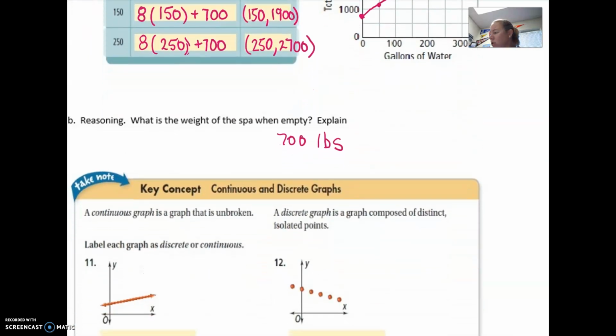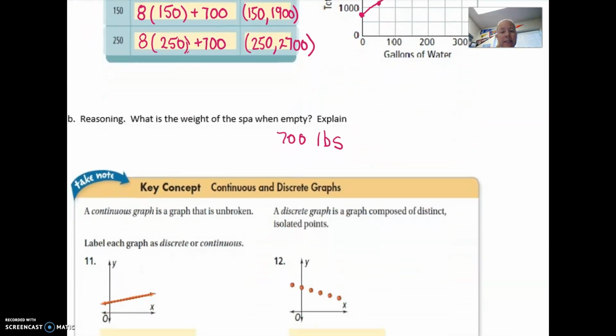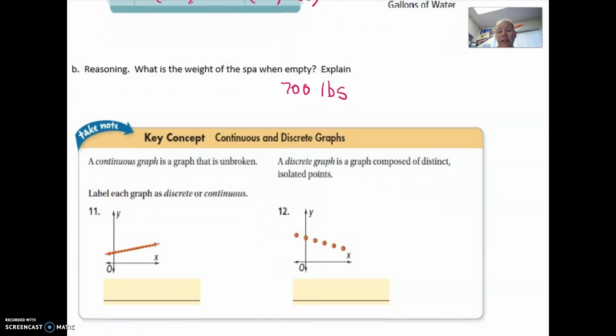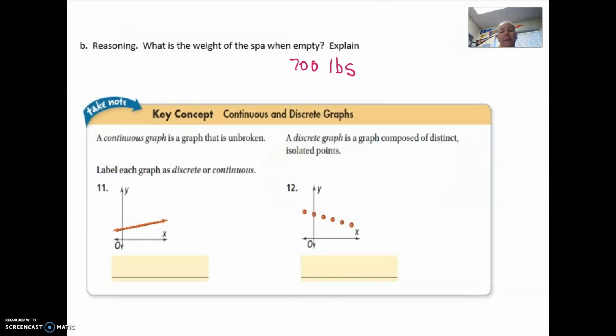Moving on to our next part of the lesson, we've got some vocabulary here to talk about. We want to look at 2 types of graphs. One is what we refer to as continuous, and the other we refer to as discrete.